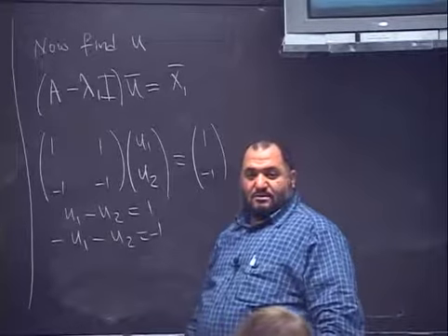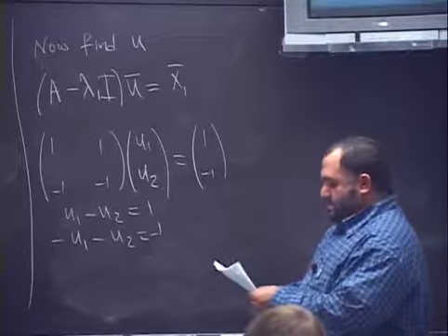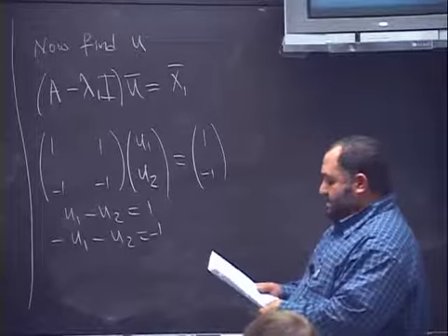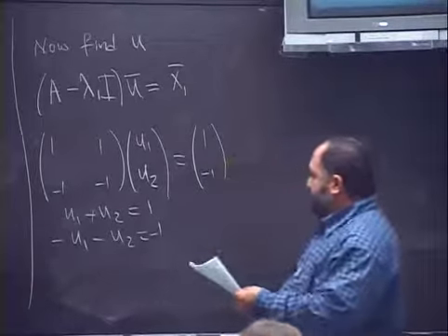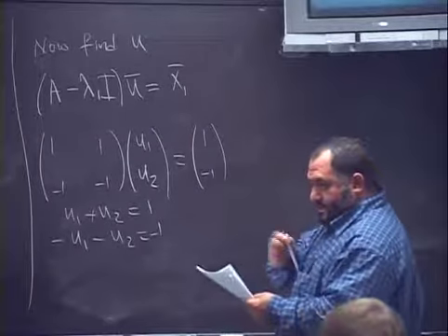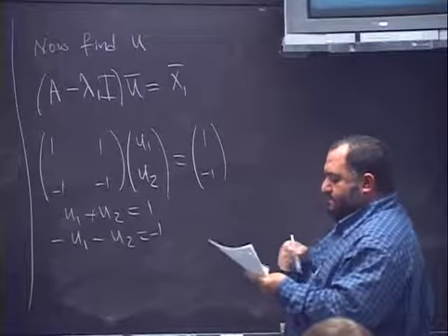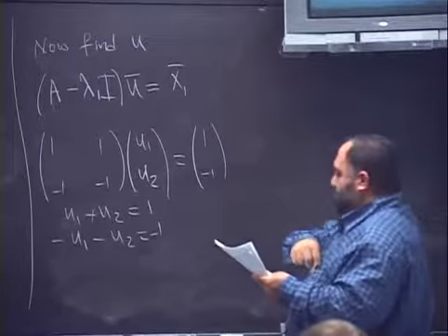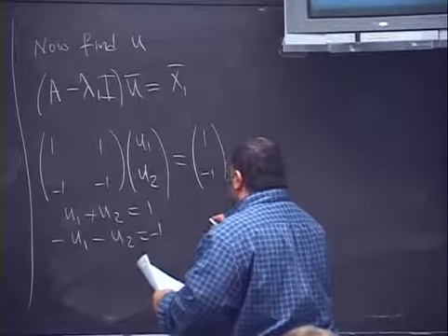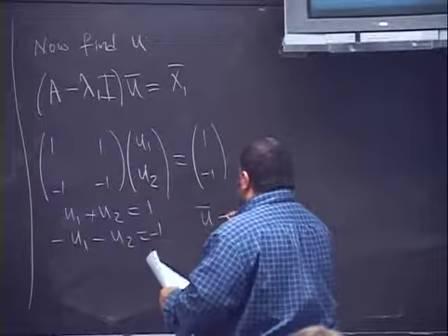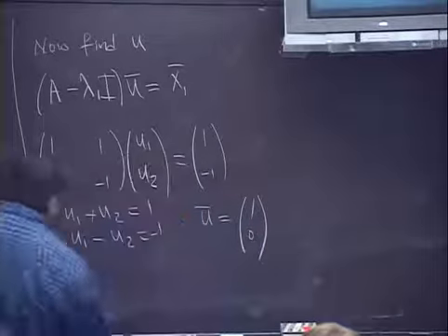Should u2 on your first equation be positive? Yeah, there we go. Thank you. Okay. So just put u1 as 1, and this will give you u2 is 0, so your vector u would be just 1 and 0.